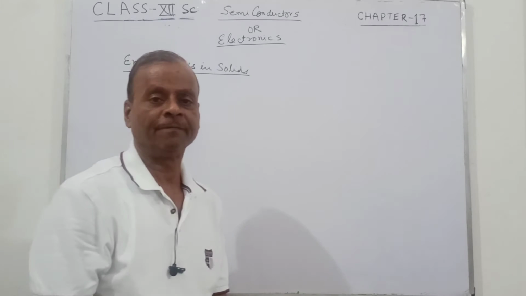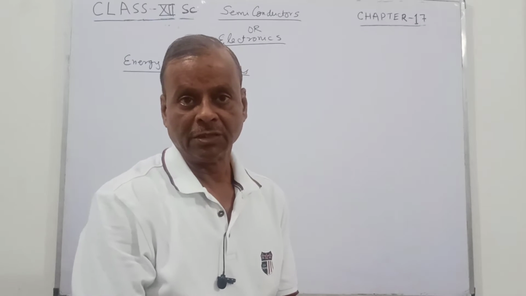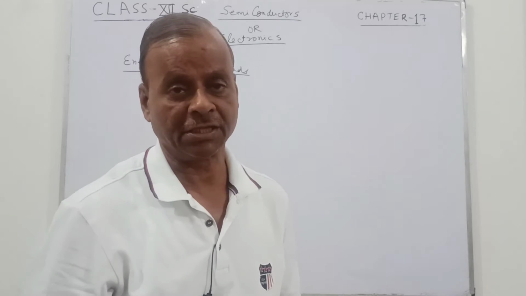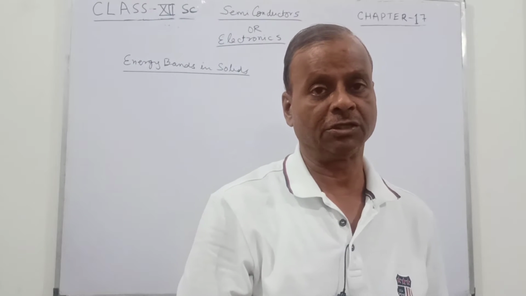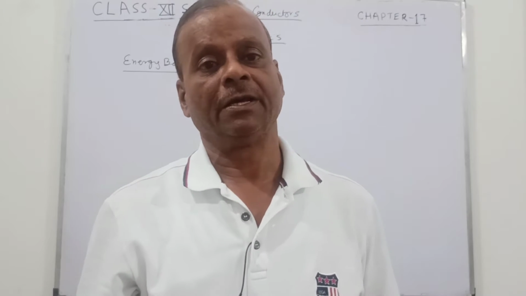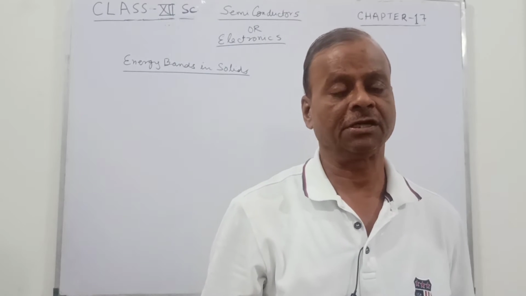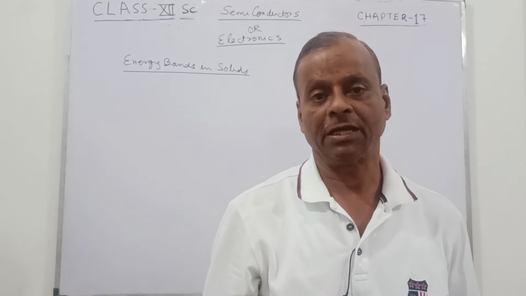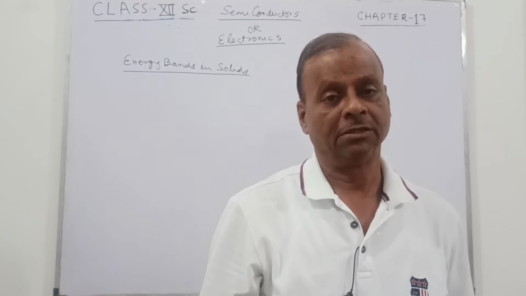As you know that the atom has the nucleus and there are electrons which are moving around the nucleus. The electrons are arranged in the discrete energy levels like K, L, M, N, and further.